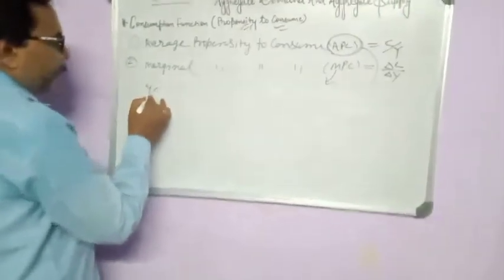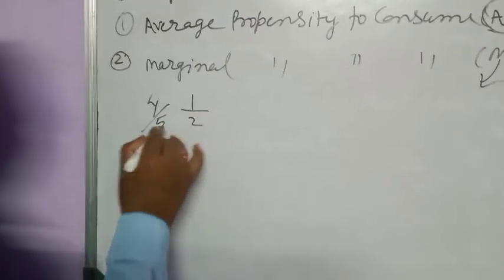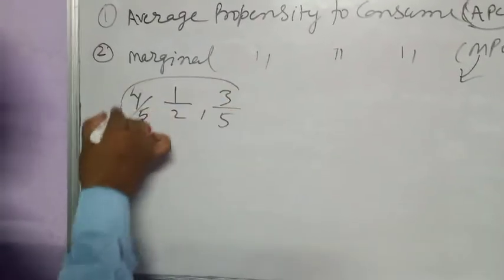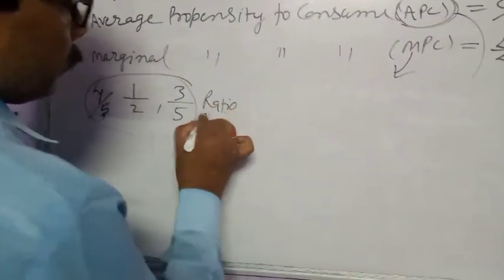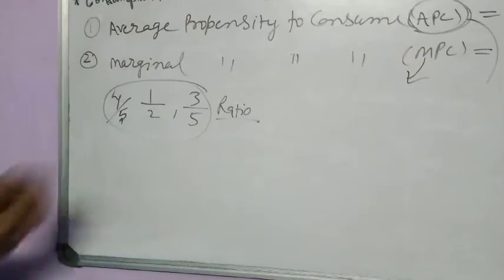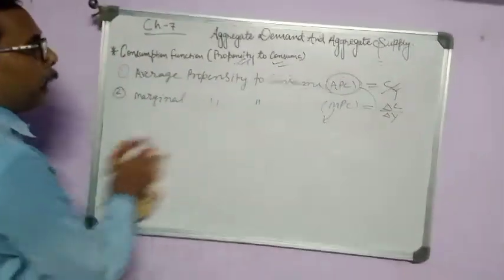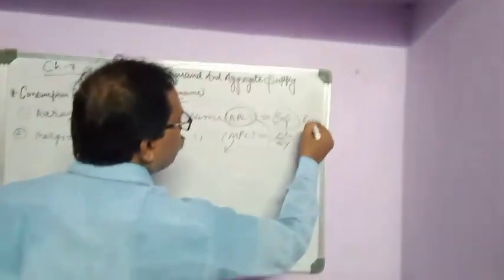Mathematically, if any value is given, 4 by 5 or 1 by 2 or 3 by 5, these are known as a ratio. Like that, this value C by Y is also a form of ratio.